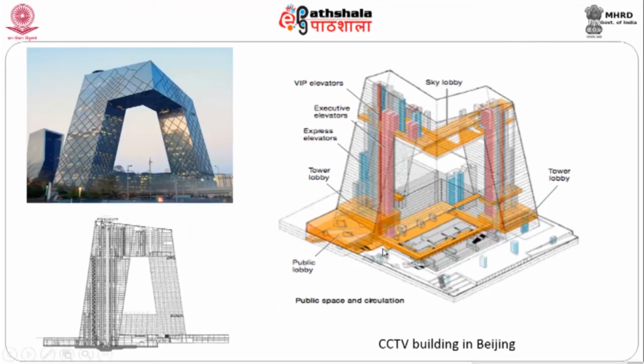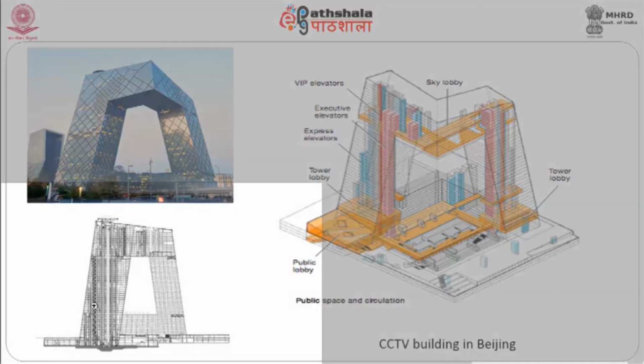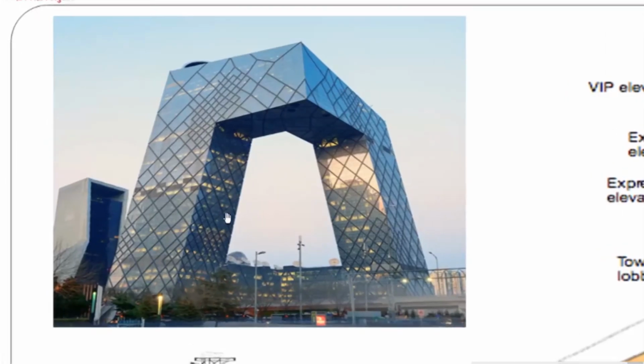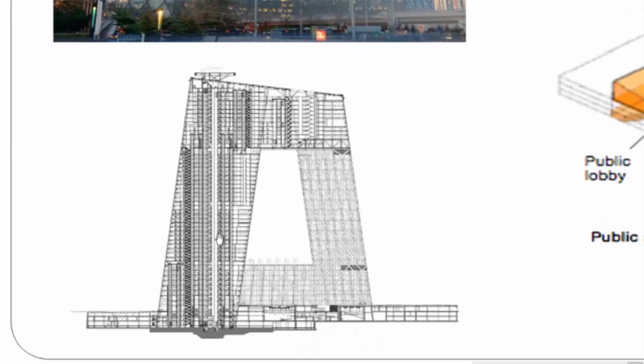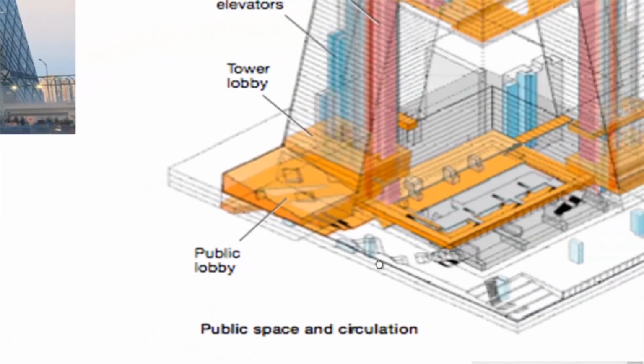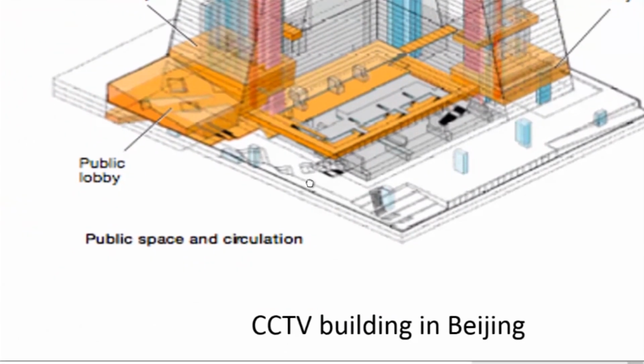This is a typical image of the CCTV building in Beijing. This is the view of the building. You can see how much cantilever on both sides happened, and this is a typical drawing of it, and you can see the overall lift shaft, elevator shaft, and a quick glance into the building's zones.